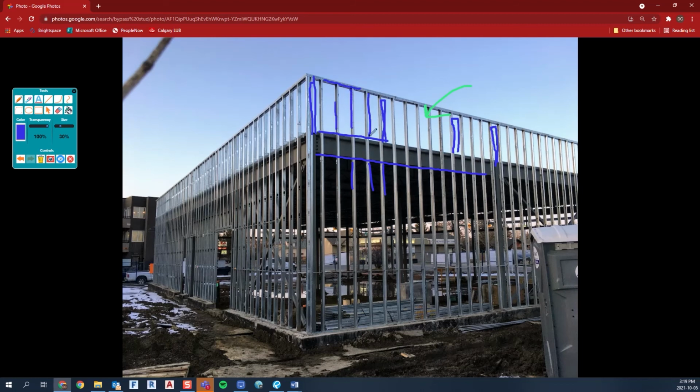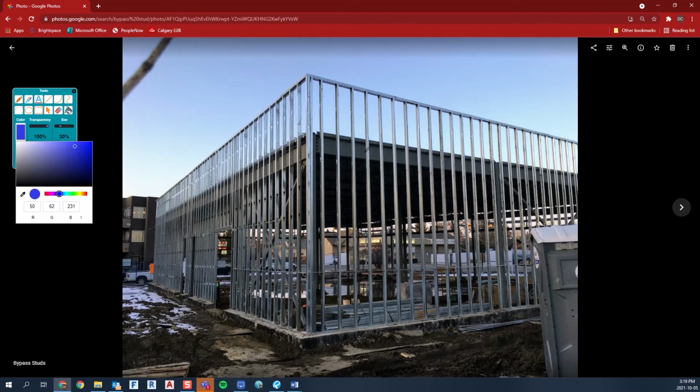And so what ends up happening is you don't get as much lateral resistance on that parapet because really you're just fastening that short stud wall down to some plywood and the bottom track of the stud. So you get less lateral resistance.